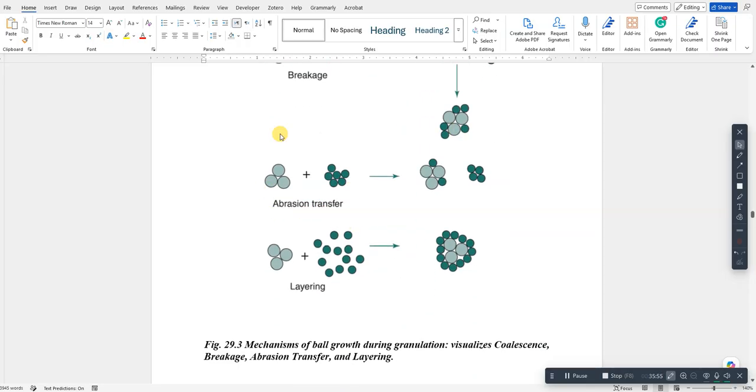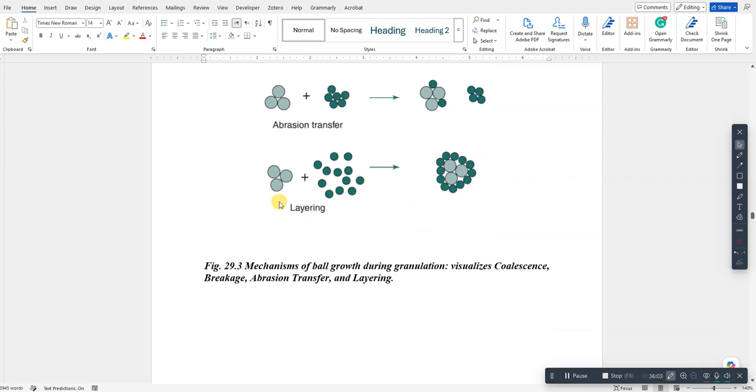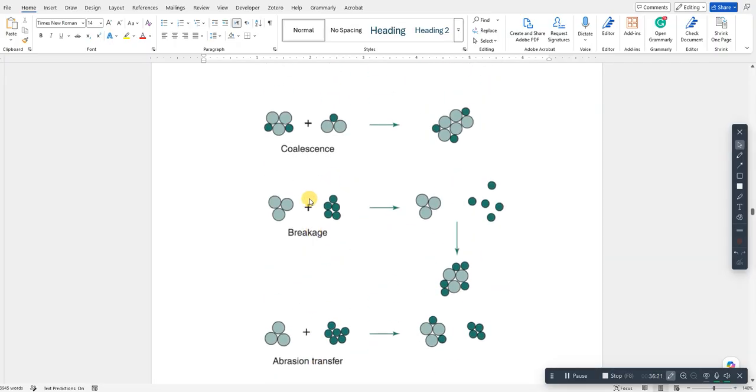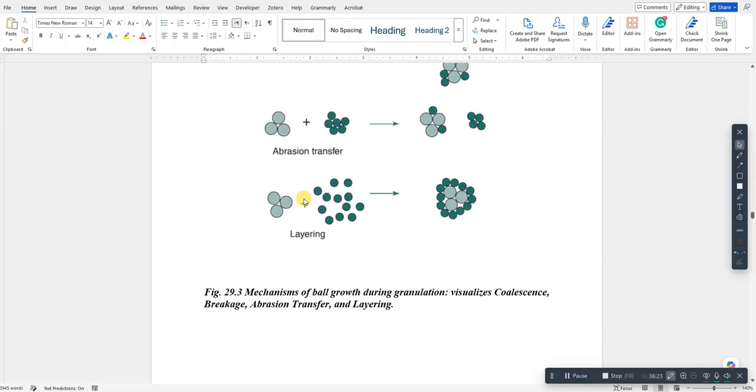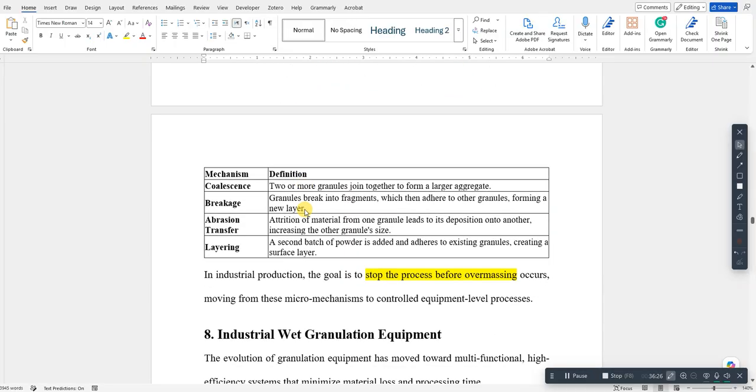Here you have what we call abrasion transfer, where the excipient will take some of the drug particles. Layering is a special mechanism where first we are forming nuclei from excipients, and then we are adding to them the drug particles. We call it layering. And so: coalescence, breakage, abrasion transfer, and layering.